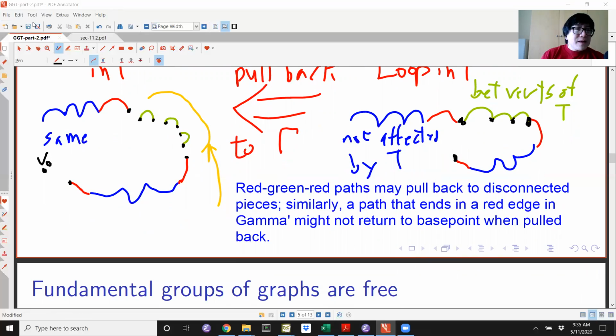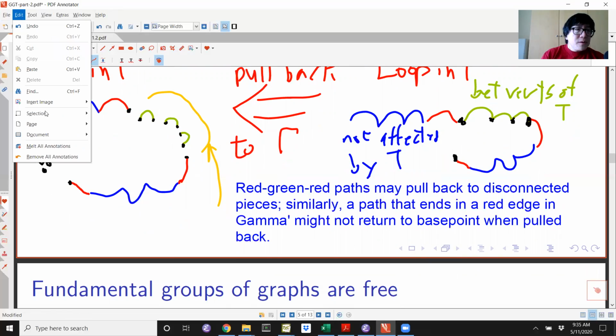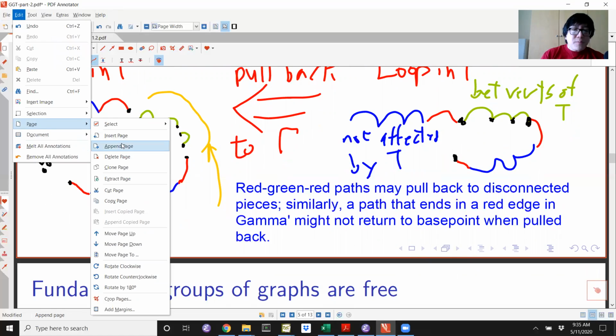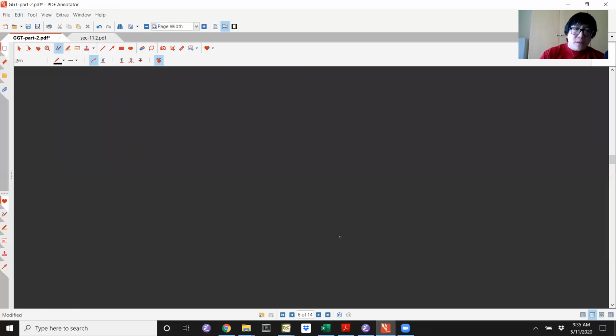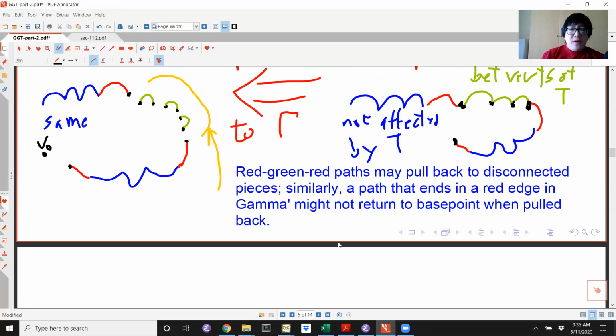So I think I need at least one more page here. Fit page, append page. Okay, so the problem is this is no longer in gamma. We no longer have a loop, we don't even have a path anymore.